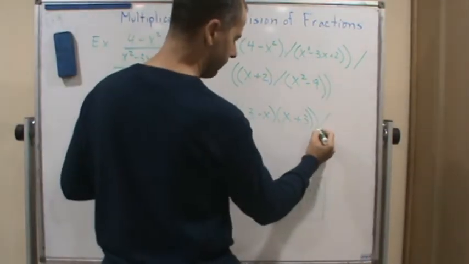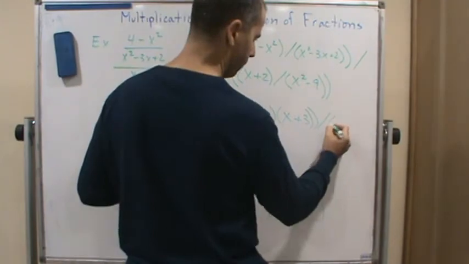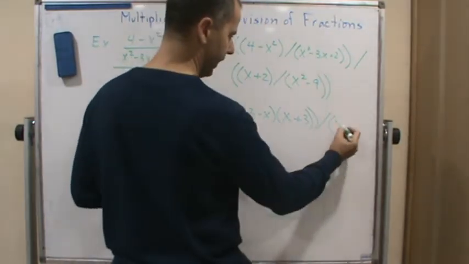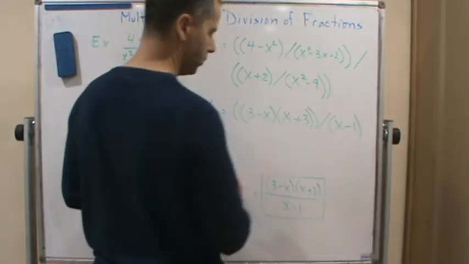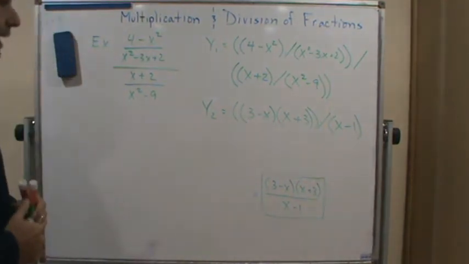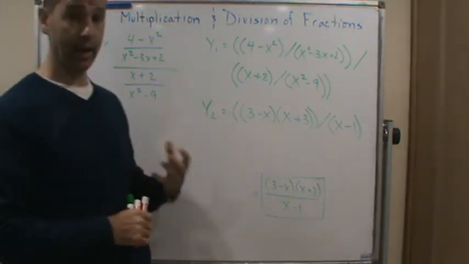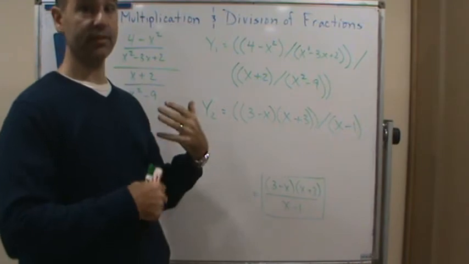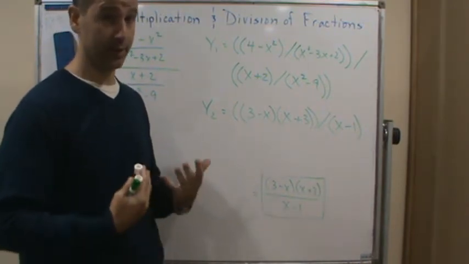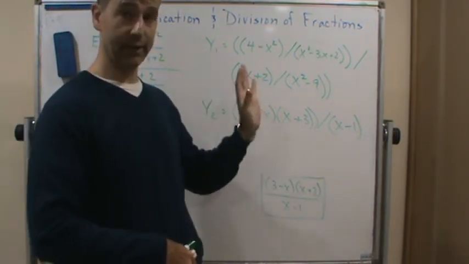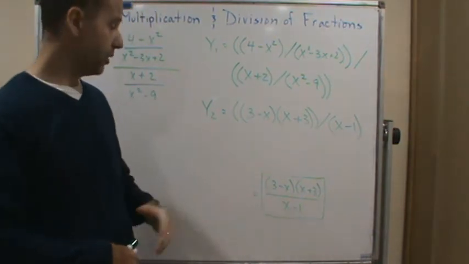Then you'd have divided by open parenthesis, x minus 1, close parenthesis. This is to make sure that your calculator graphs the function you want to graph. So make sure you have enough parentheses in there to make it work.